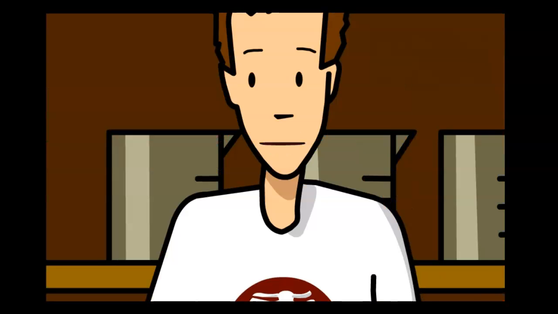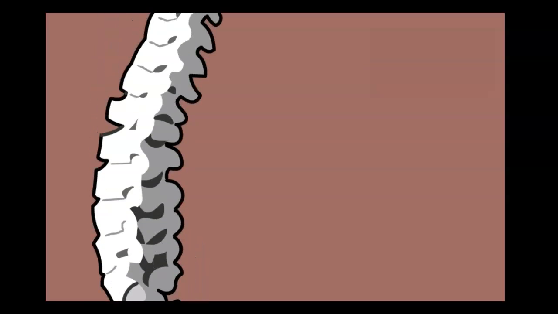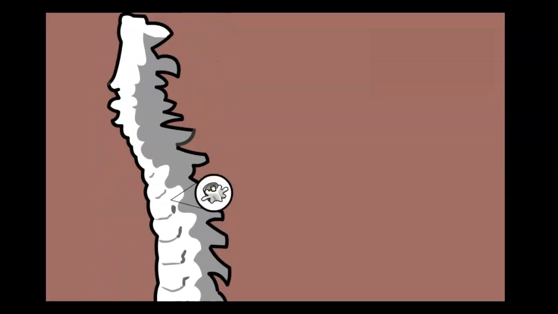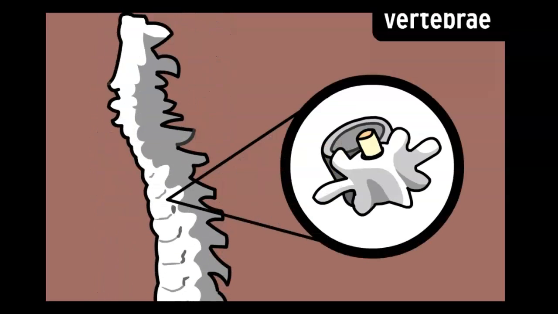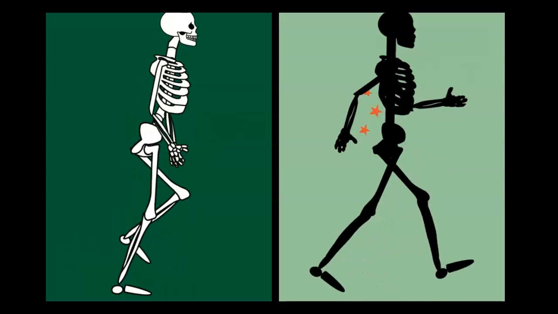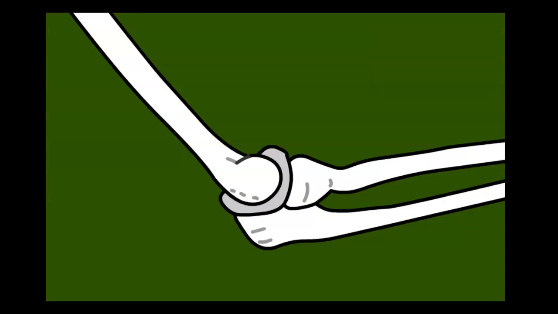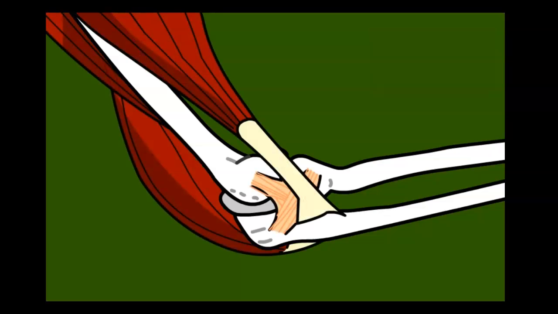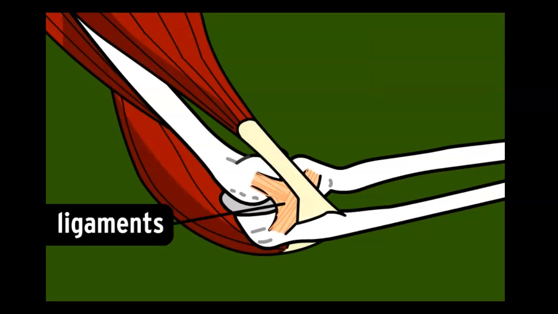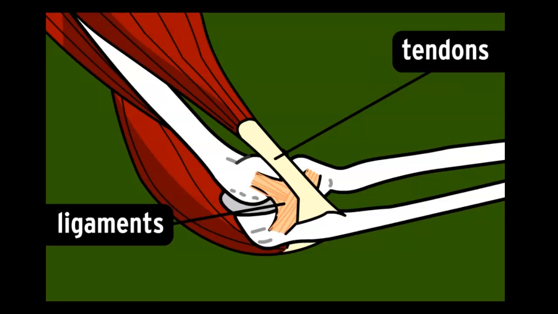Well, the spine isn't a single bone. It's actually made of 33 little ring-shaped bones called vertebrae, which are stacked on top of each other. The curve of the spine provides your body with shock absorption. If it were straight, just walking around would be a jarring experience. Well, bones are connected to each other by tough tissues called ligaments, and they're attached to your muscles by equally tough tissues called tendons.